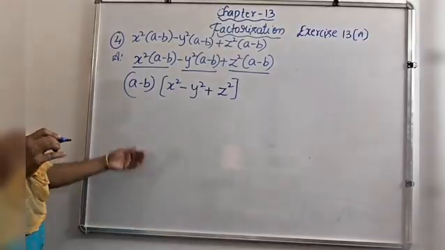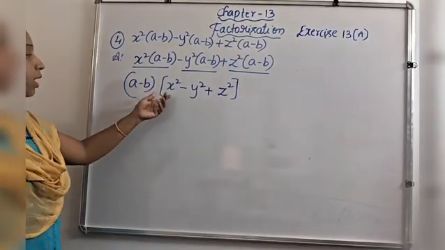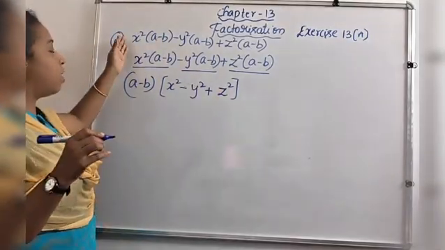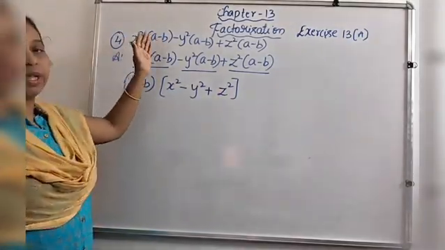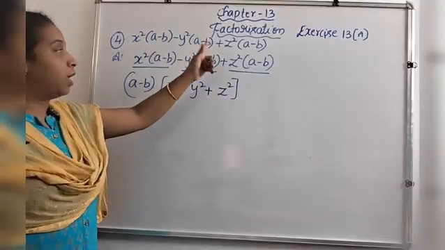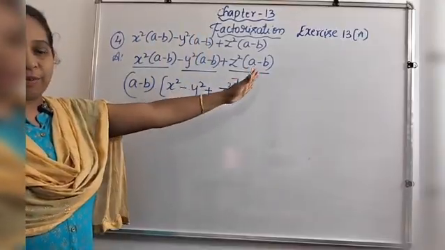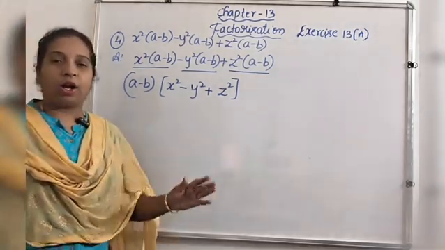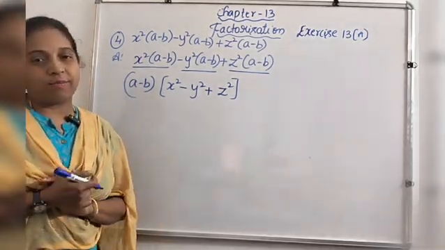So that means a minus b into x square minus y square plus z square are the factors of x square into a minus b minus y square into a minus b plus z square into a minus b. Right? So I hope you all are getting the concept thoroughly.